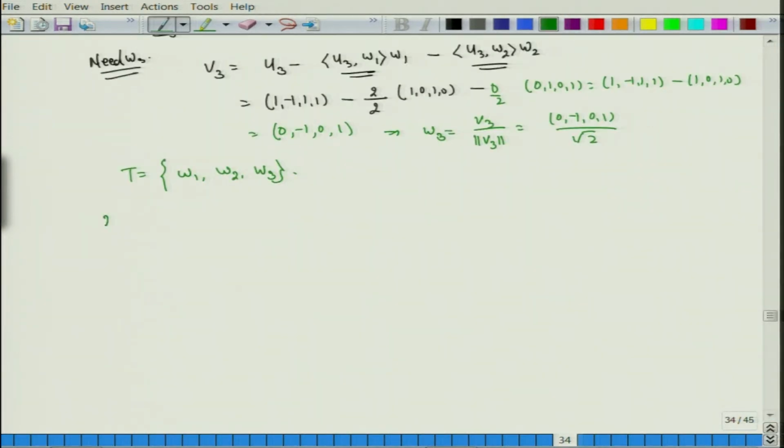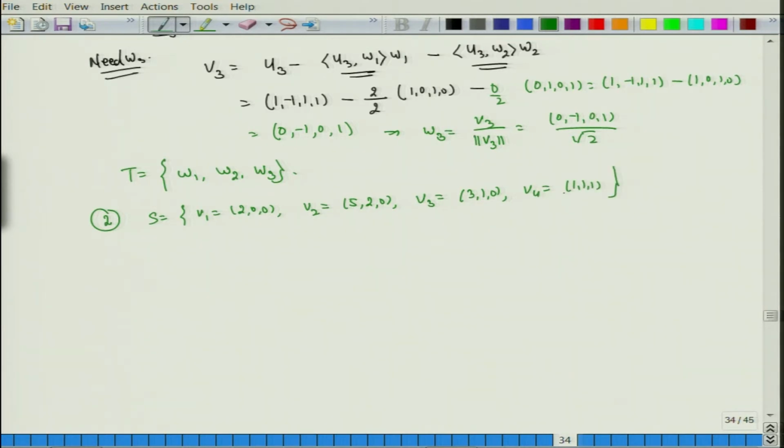Second example. I am giving S as V1, which is (2,0,0), V2 as (5,2,0), V3 as (3,1,0), V4 as (1,1,1).